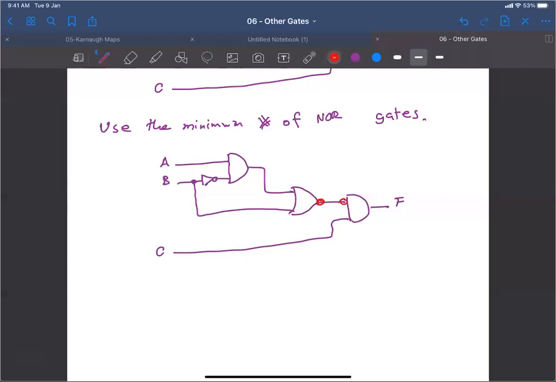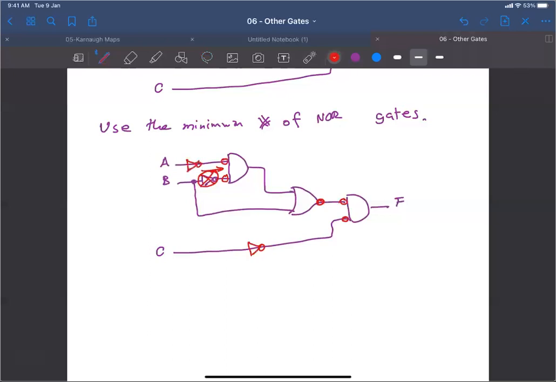Then we also have to complement this and put an inverter here to preserve the functionality of the circuit. This one can be pushed ahead and becomes a bubble here. Then we have a bubble here and an inverter here.